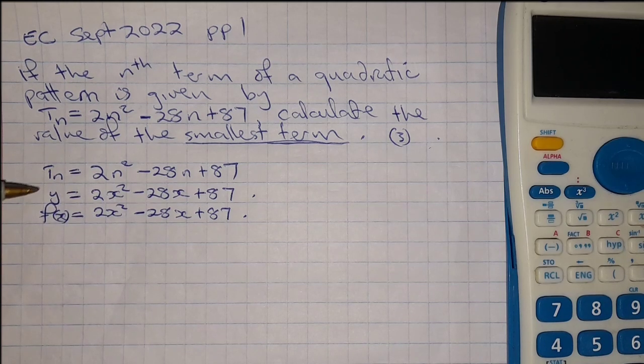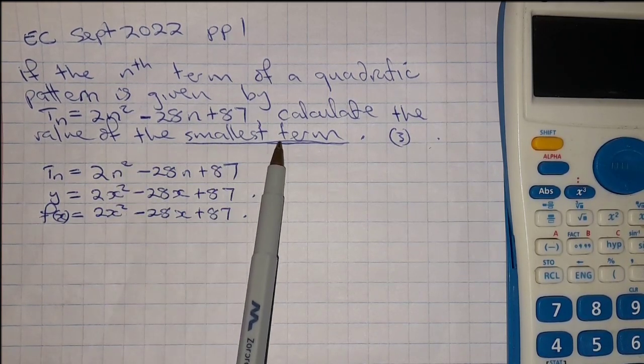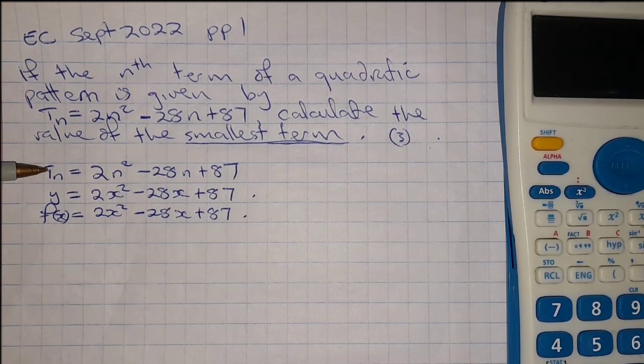you should notice that Tn is representing the term in the number pattern, but the same Tn is also our y value, and that's also f of x, you see? So if we are saying calculate the value of the smallest term Tn, we are also saying calculate the smallest value of y, right?